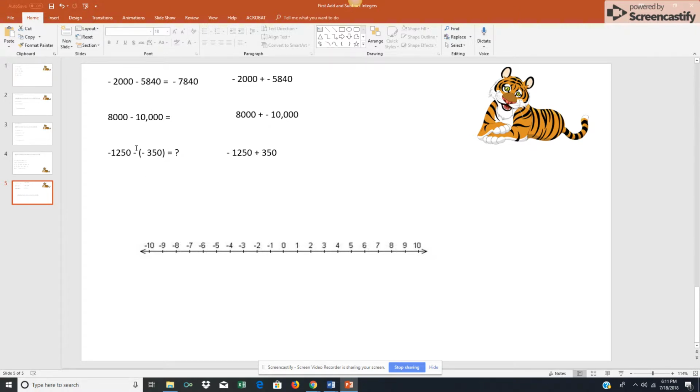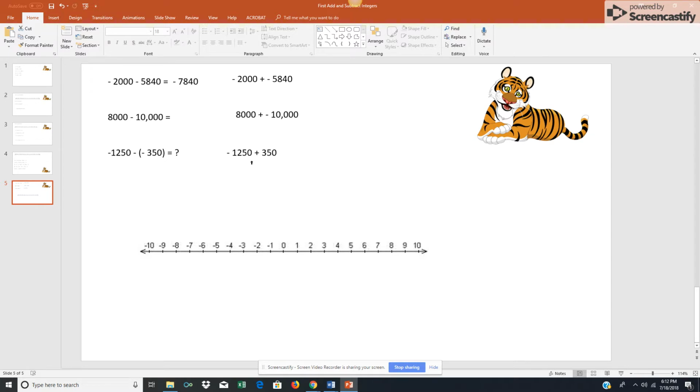Notice to the left here I have the subtraction statements, to the right I have the addition statements. So here I would be out to the left 2,000 places. And the opposite of 5,840, that means I'm still going to the left. Is my number going to be positive or negative? Well, it's going to be negative, right? Because I'm only adding on more to the left.